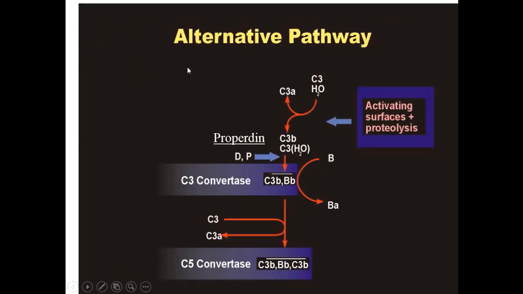And another pathway in the activation of complement system is alternative pathway, and the initiator of the alternative pathway is C3b. C3b is formed by the spontaneous hydrolysis of C3 in our body, and this C3b that forms from the hydrolysis of C3 is shown in this way, C3H2O.